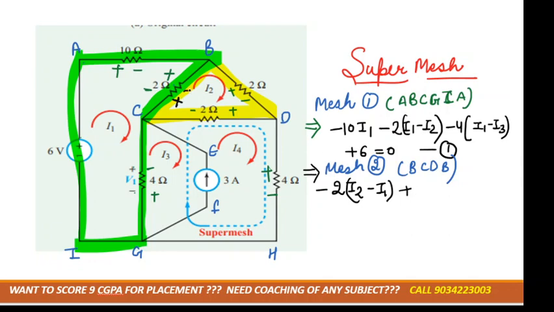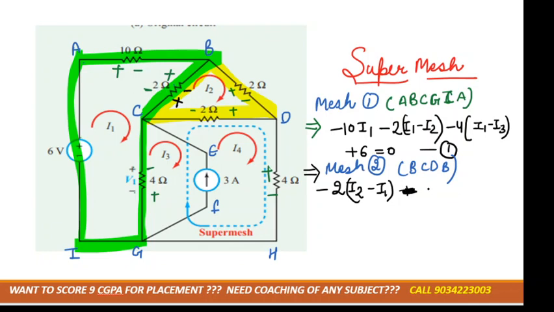See, it is positive, negative like that. We have to consider this mesh sign only. So negative and then negative only, right? If you are taking this mesh, you have to consider this mesh sign only. You can't consider another mesh sign.